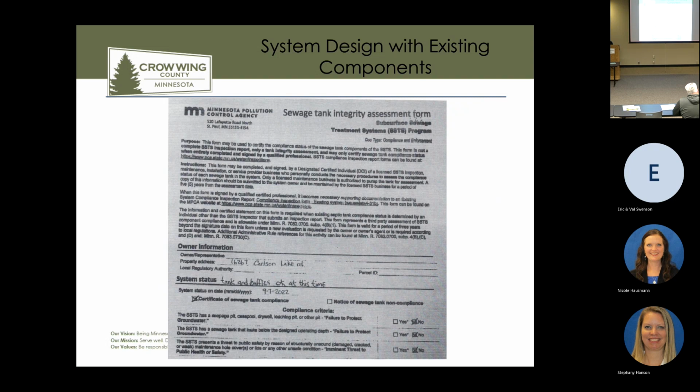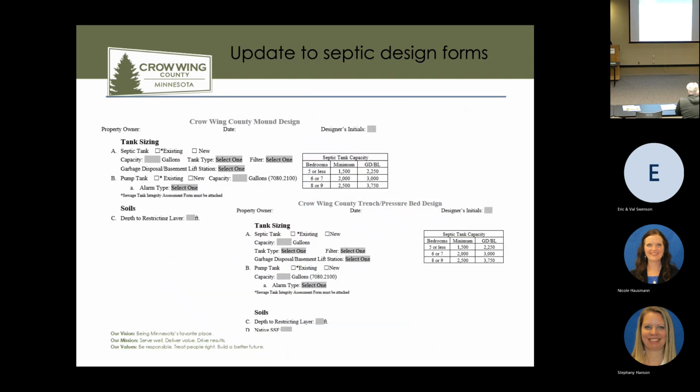Just label it as existing, and anything that gives us that understanding. Exactly. So I made these slight updates to our design forms. Very, very slight. They're the U of M forms. What I did was eliminate confusion, because we're used to the OG designers, but there are some new folks coming in who are a little confusing with how they let us know which components are existing and which are going to be new on a design.